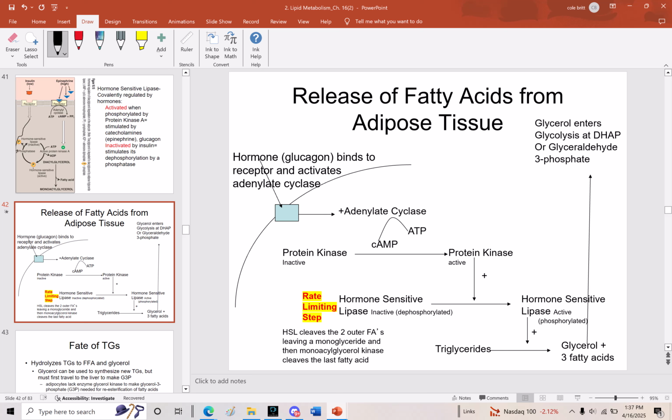That's the part you need to know. So you don't have to memorize this stuff if you don't want to. But you do need to remember that it activates a kinase, which will phosphorylate this hormone, make it active, and when it's active, it will pull the fatty acids off of triglycerides. Hormone-sensitive lipase will pull the fatty acids off the triglycerides in order to make free glycerol and free fatty acids.